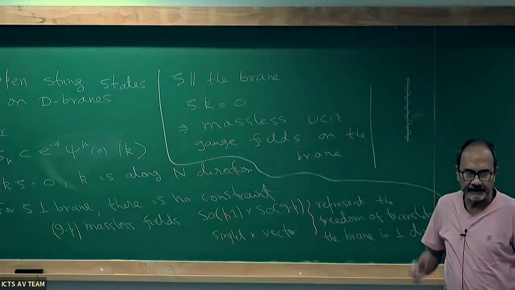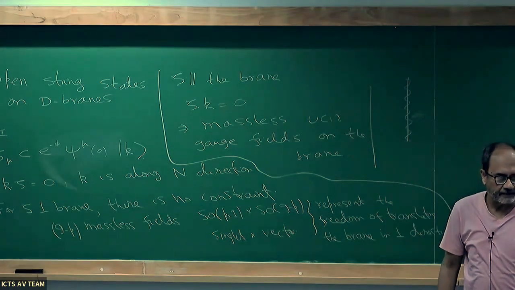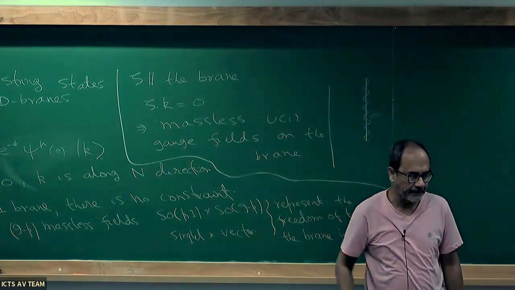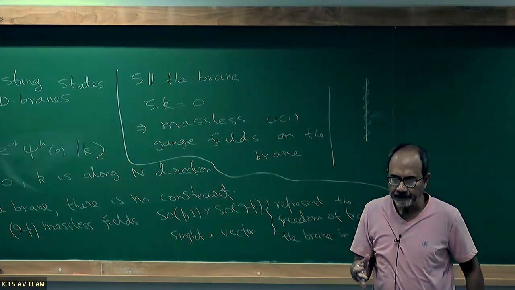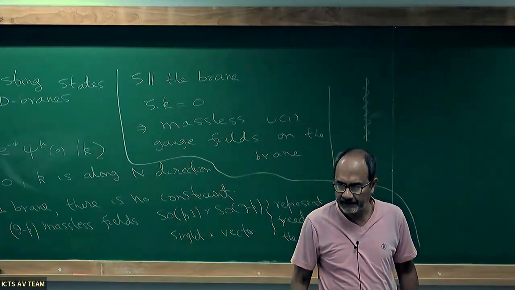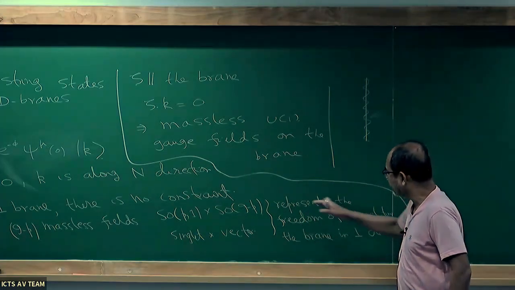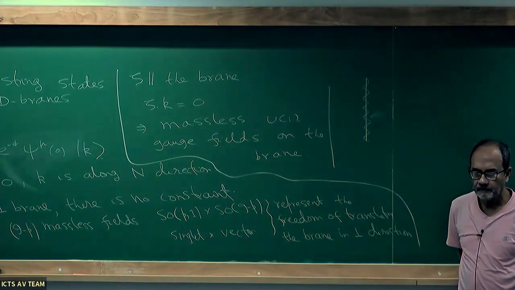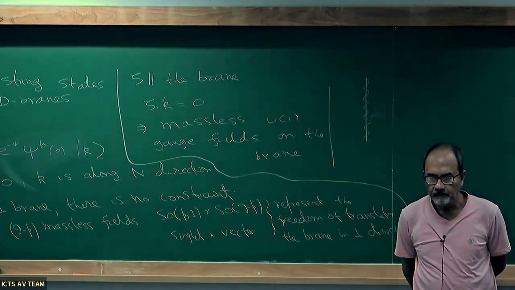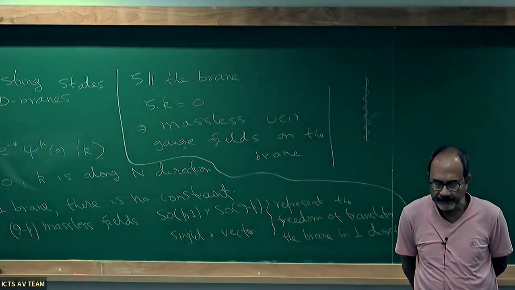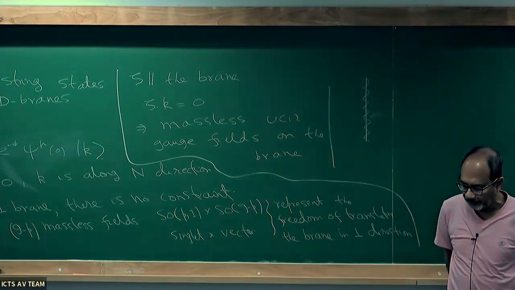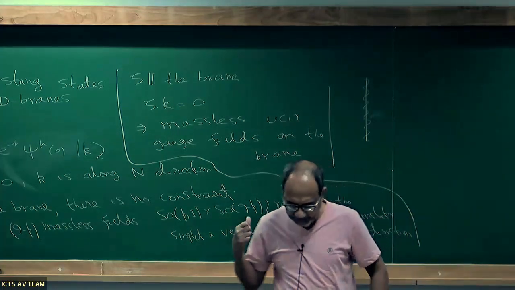This tells us that the string can oscillate in the transverse direction, like a normal string. Similarly, if you have a membrane, the membrane can also oscillate in the transverse direction, and the corresponding scalar fields will be these. So as far as this part is concerned, it's the same as in bosonic string theory. The only advantage is no tachyons in this case.